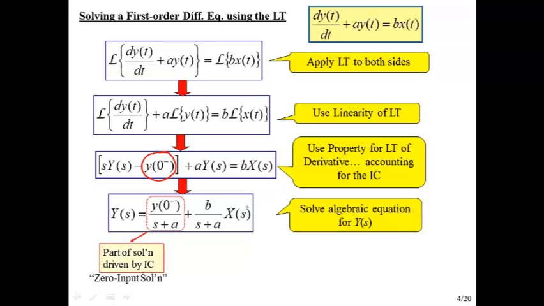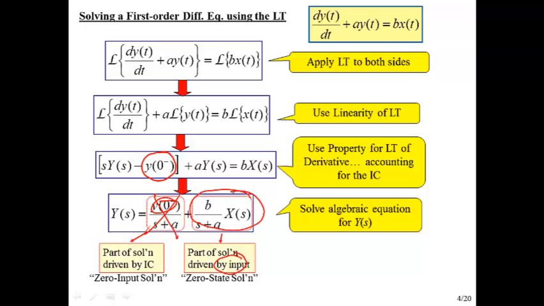And then this part is driven by the input, and we notice that if we were to set the input to 0, this term would go away, so we're left with just this term, which is why we call it the zero input solution. And likewise, that term is the part driven by the input, and if we were to set the initial condition to 0, this part would go away, and this is all we would be left with.